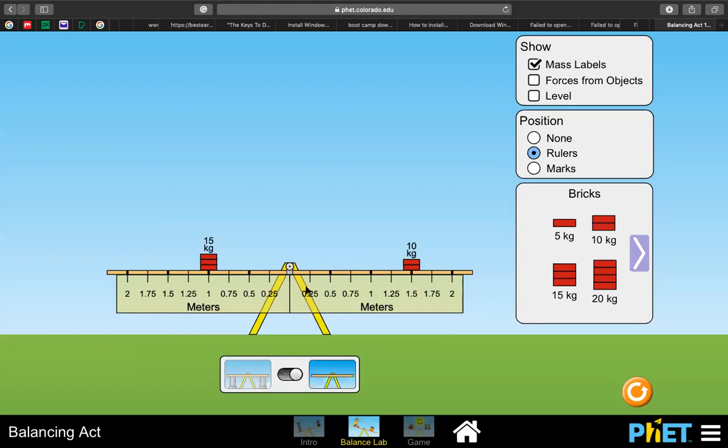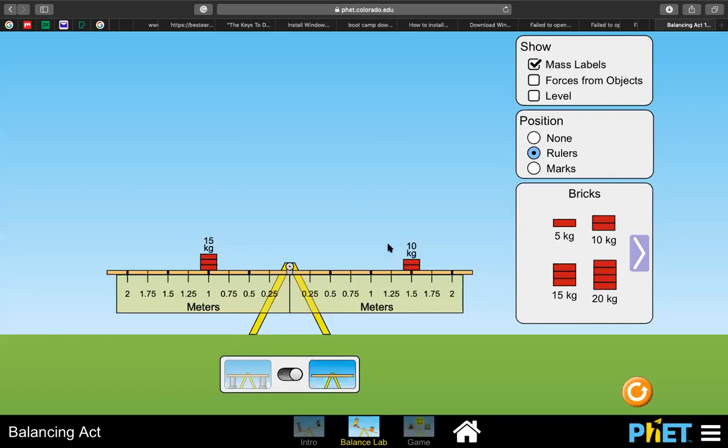Neither are they the same distance away from the center. But because of the moment or the turning effect, this is moving in the anti-clockwise direction, and the 10 kilogram is moving in the clockwise direction. These two will balance out, and we'll just look at that right now.